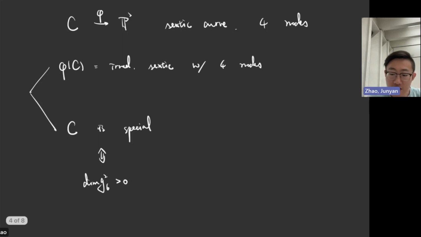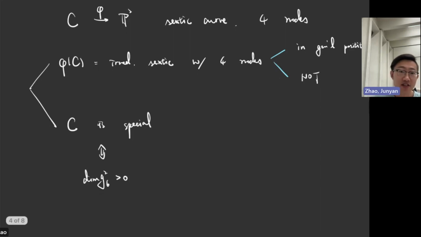So in the first case, there are 2 subcases. One is that the 4 nodes of the image will lie in general position, meaning that, for instance, none of them coincide with each other, and no 3 of them are lying on a line. So let's say the first case is in general position. And the second is they are not.